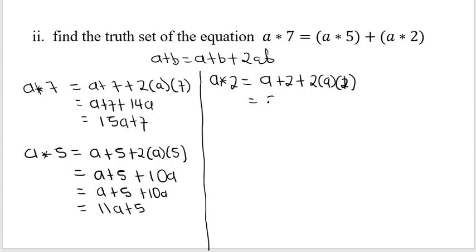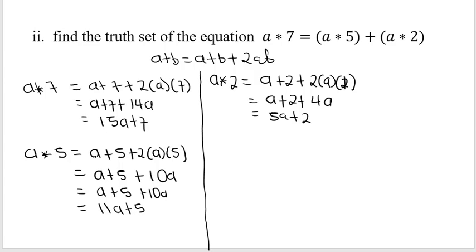With this we get A plus 2 plus 4A, and when we simplify this, we have 5A plus 2. Now we have expressions representing the terms having the operation, so all that we have to do is substitute them back. A star 7 is equal to 15A plus 7, A star 5 is equal to 11A plus 5, and A star 2 is equal to 5A plus 2.